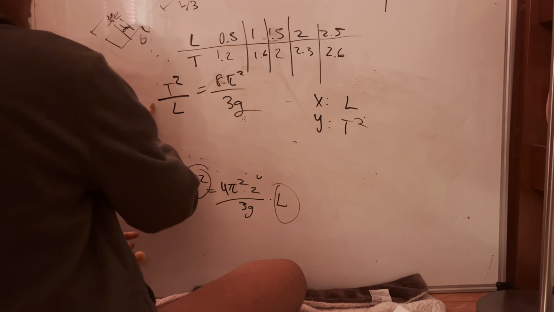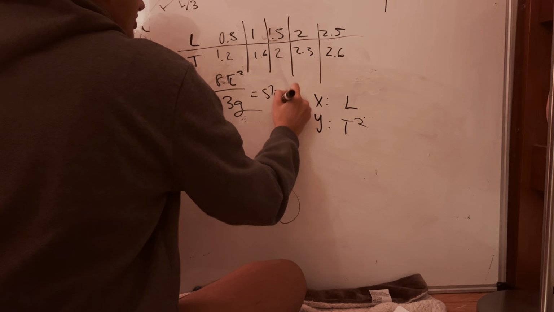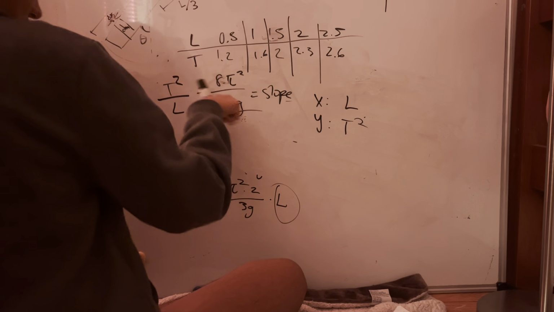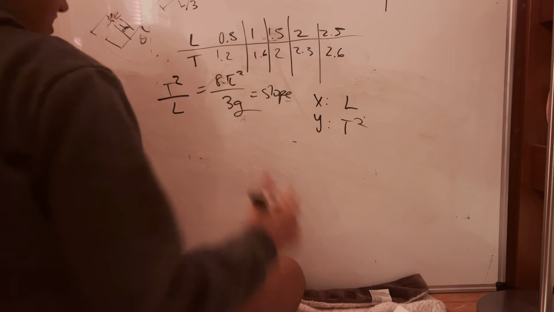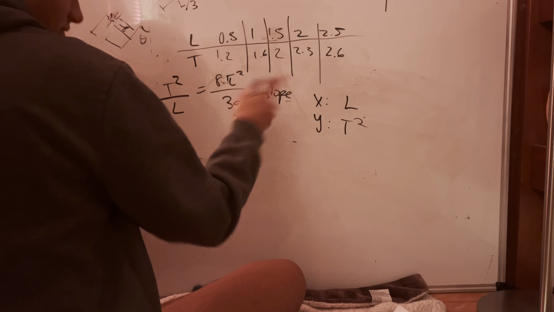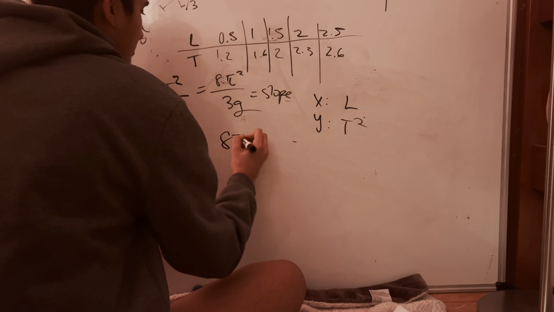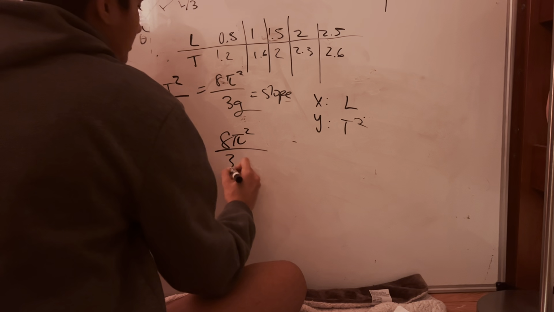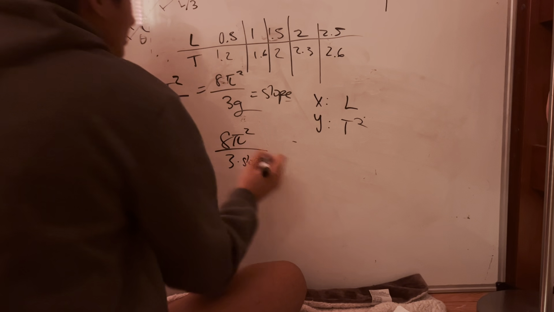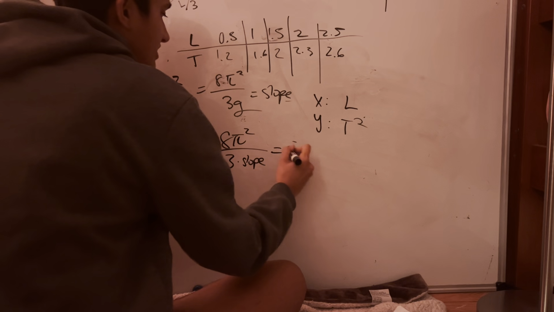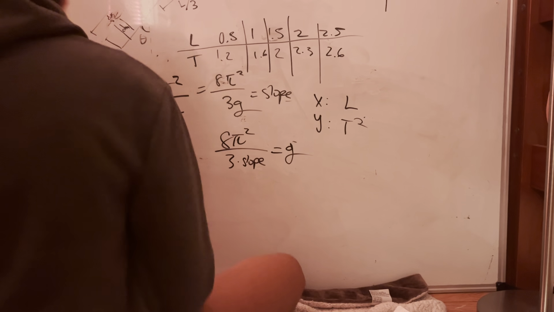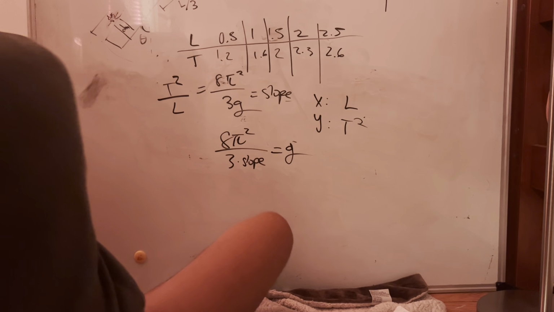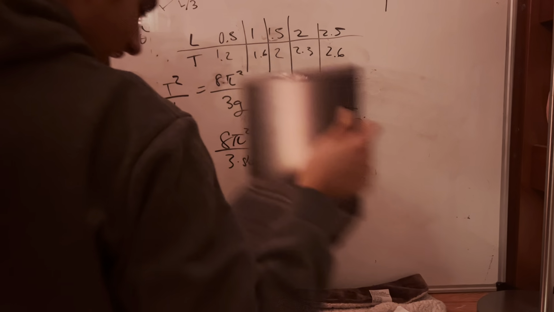So the slope that we're going to get is going to be equal to this. And the way we can solve for g is we can simply solve for g. So then this is just going to become g equals 8 pi squared over 3 times the slope that we get of our graph. Now the next part of the problem asks us to actually graph it.